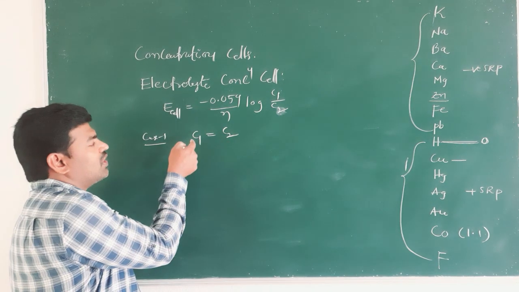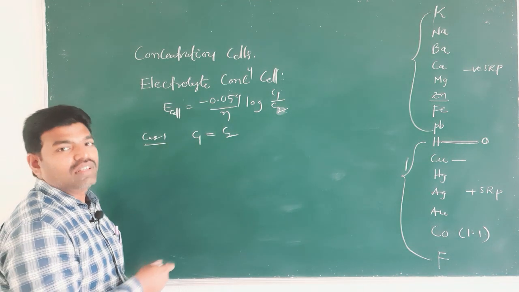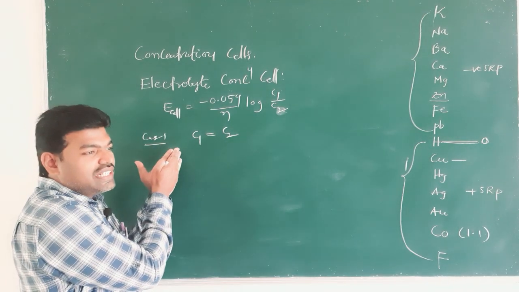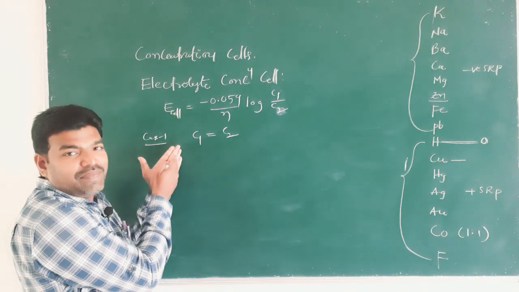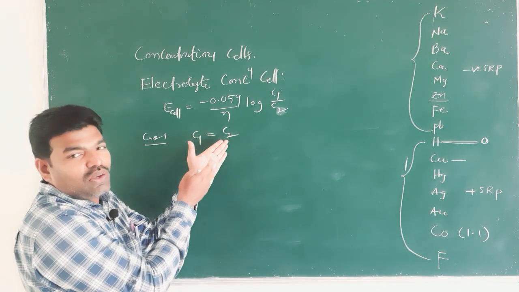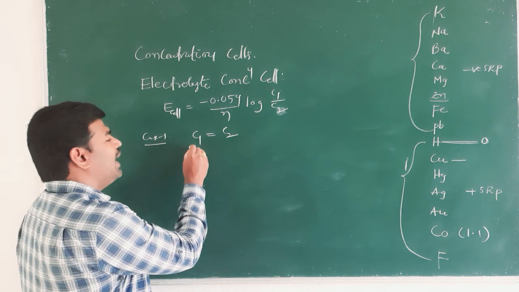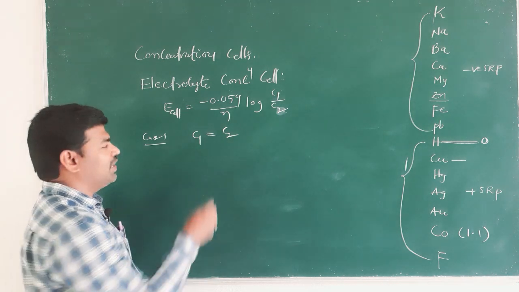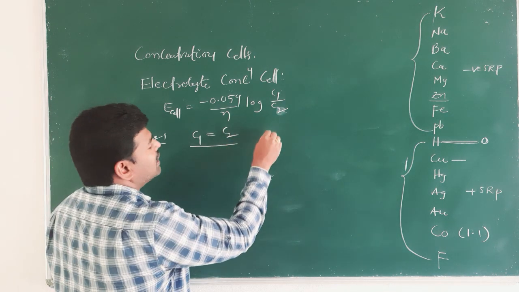You know C1 is the concentration of electrolyte in the anodic chamber, and C2 is the concentration of electrolyte in the cathodic chamber. So when C1 is equal to C2, that is 1 by 1.